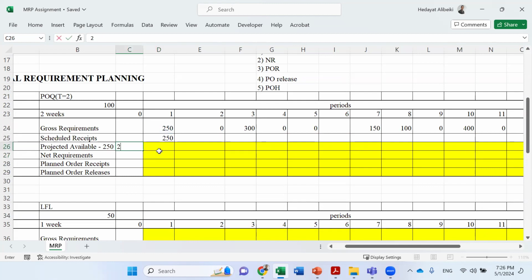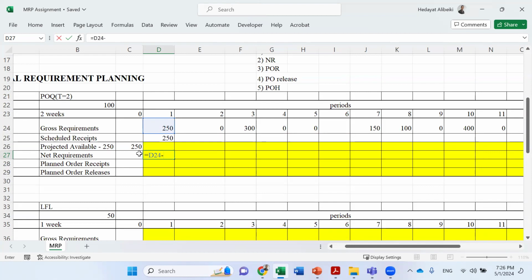Let me put this 250 here. 250 is the current inventory. So the net requirement is gross requirement, how much we need in total, minus how much actual physical inventory we have in stock in week 1.